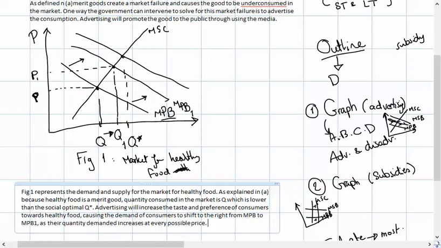Okay, this increases quantity demanded in the market from Q to Q1, which is closer to the social optimal quantity, Q star.